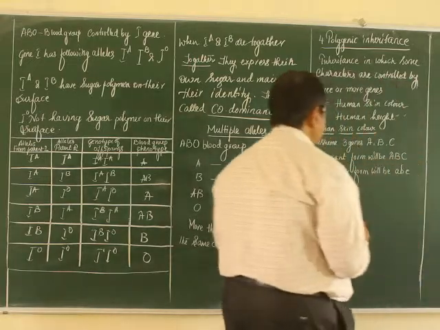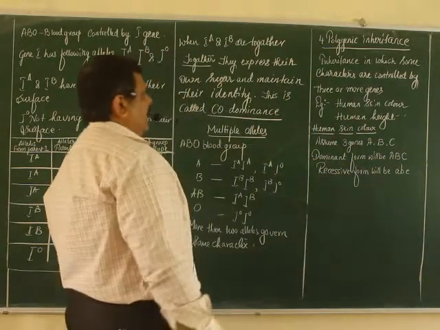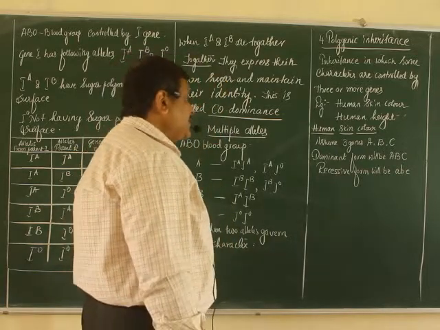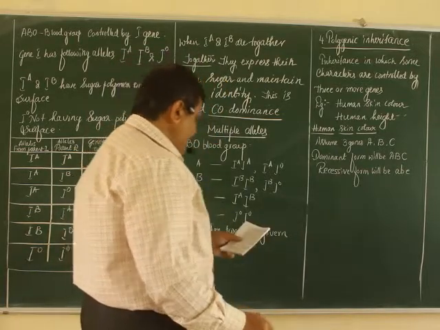The dominant form will be capital A, capital B, capital C, and the recessive form will be small a, small b, small c.